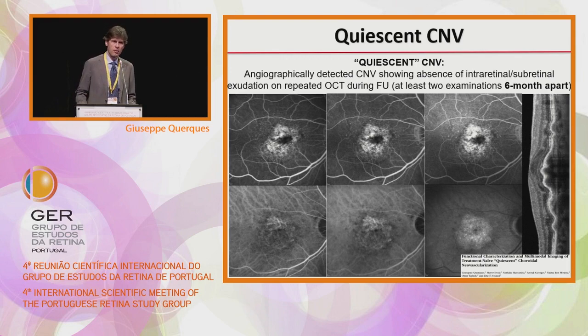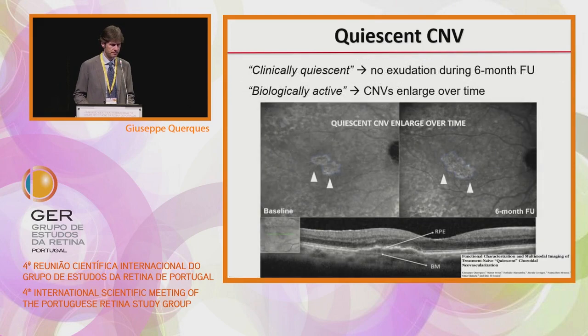In the definition of a quiescent CNV, or macular neovascularization, we also stated that it was necessary to have at least 6 months of follow-up without demonstration of exudation on structural OCT. So a minimum of 2 consecutive examinations after a minimum of 6 months in order to be defined as quiescent CNV.